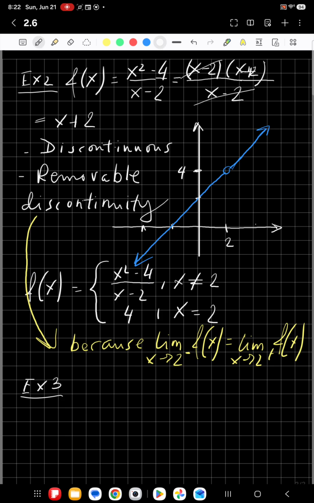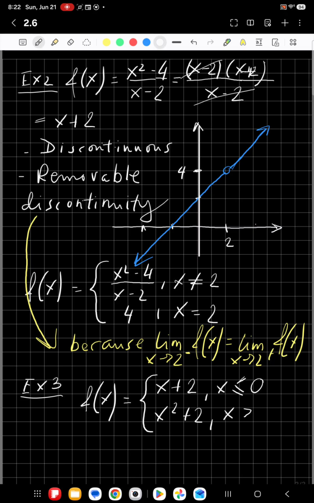So this one is defined like this. So it's a piecewise function. So it's x plus 2 for x less than or equal to 0, and then x squared plus 2 for x greater than 0.